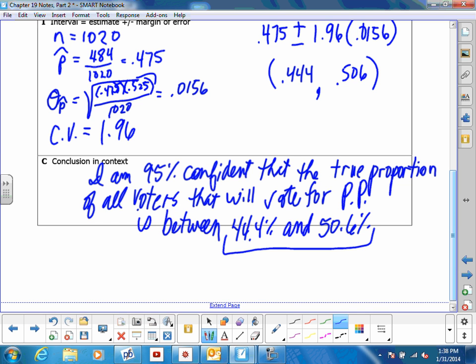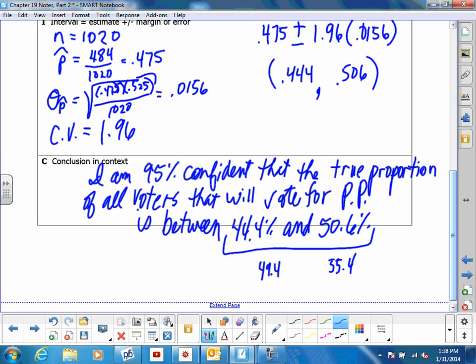You could have easily gotten a sample, because of sampling variability, that is the flip-flop of this. You could have easily gotten an interval that was maybe from 49.4 up to whatever, 55.6 or whatever.